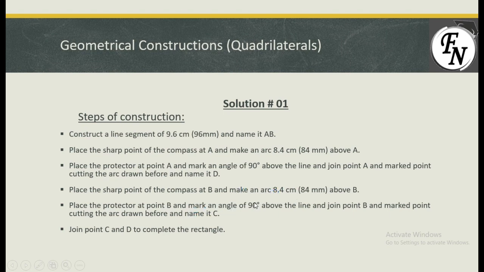Other than that, we again place our protractor at B and make a 90 degree angle. These both are 90 degree, as all the angles of a rectangle are 90 degree. So we have used this property as well, and then we join CD to obtain our rectangle. Now we will look at this construction on a piece of paper, and then we will discuss the answer.